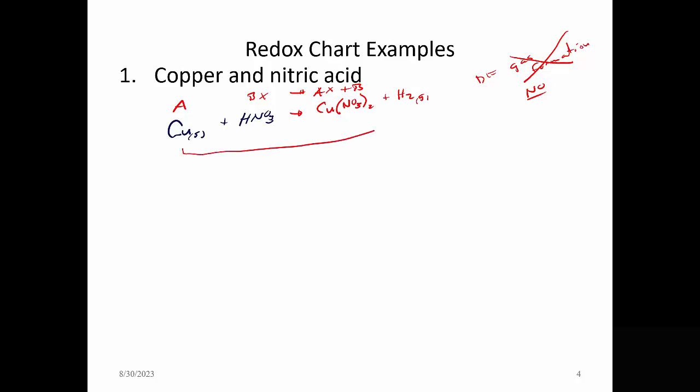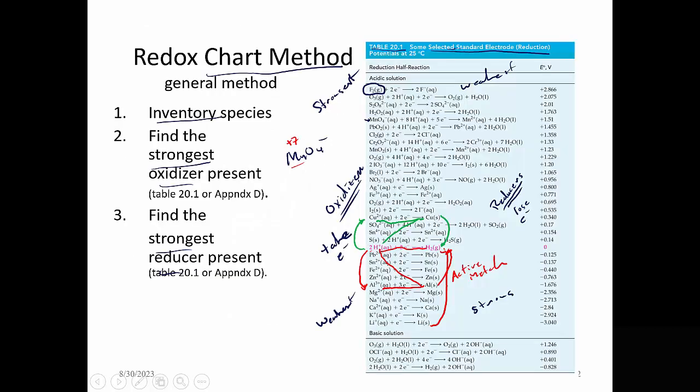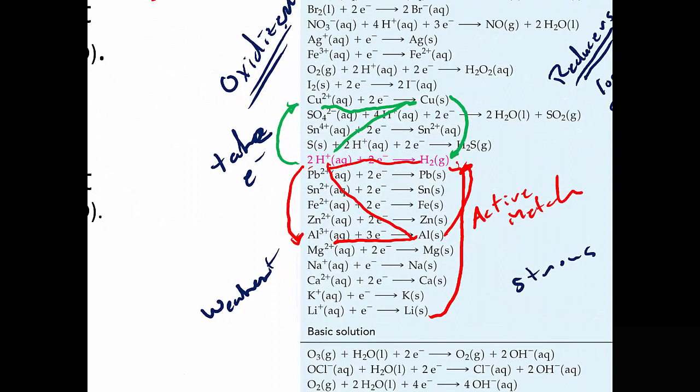And so in terms of the activity series, let me show you the activity series. This is an upside down activity series here. If we look at our upside down activity series, lithium is the most active. And then here's hydrogen, and there's copper. Which one's more active, hydrogen or copper?